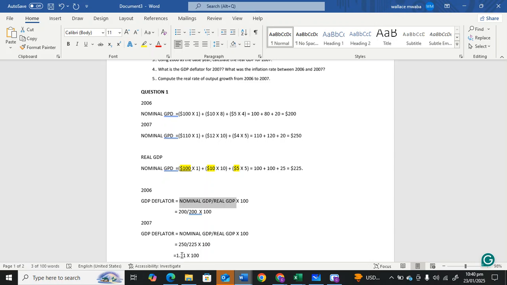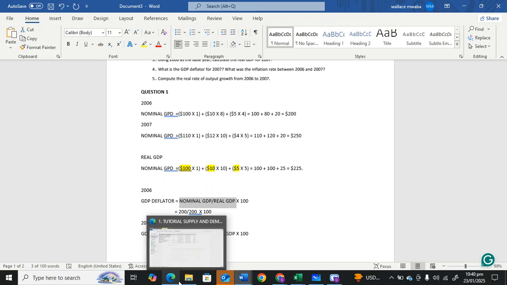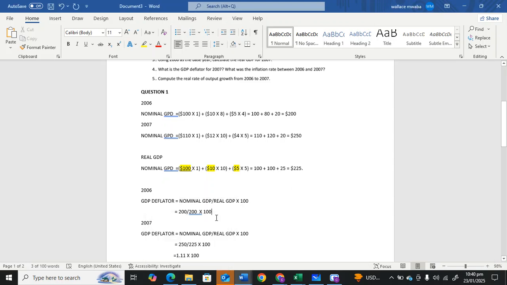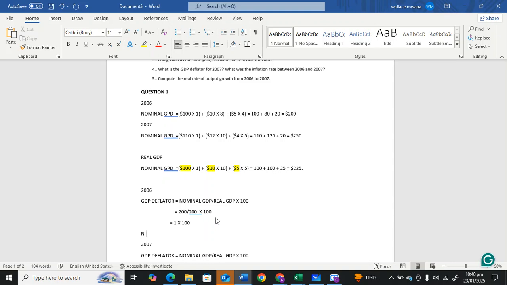So 200 divided by 200, that is 1. 1 times 100, that is 100. So just remember this. The GDP deflator for the base year is always going to be 100.